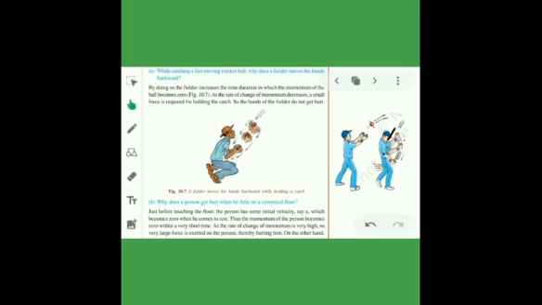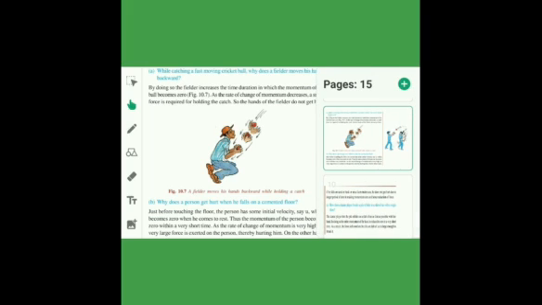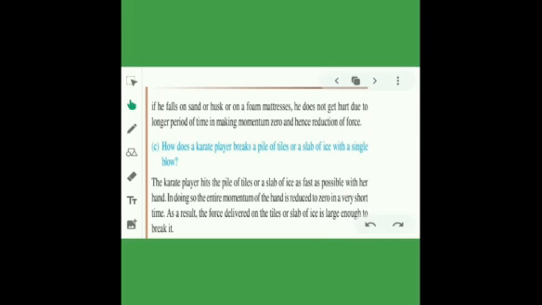On the other hand, if he falls on sand or husk or a foam mattress, he does not get hurt, due to the longer period of time in making momentum 0 and hence the reduction of force.